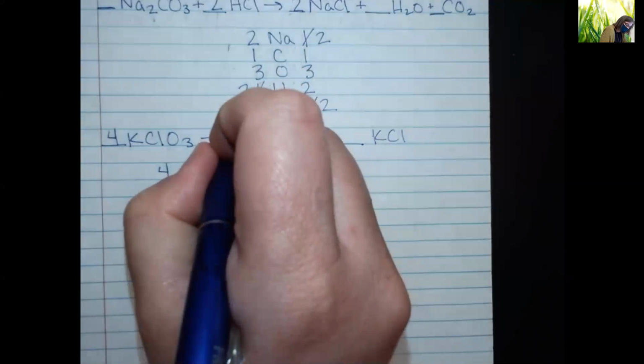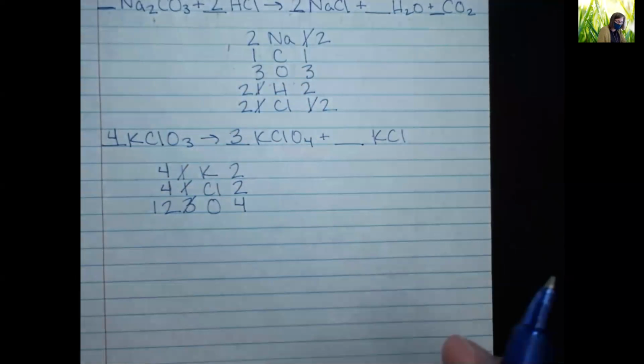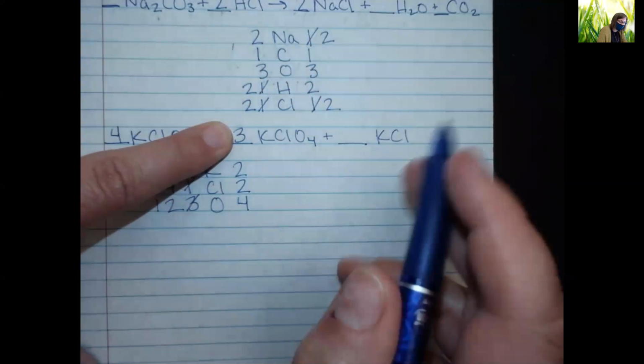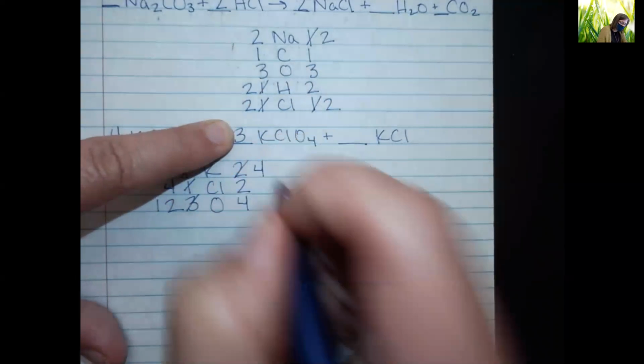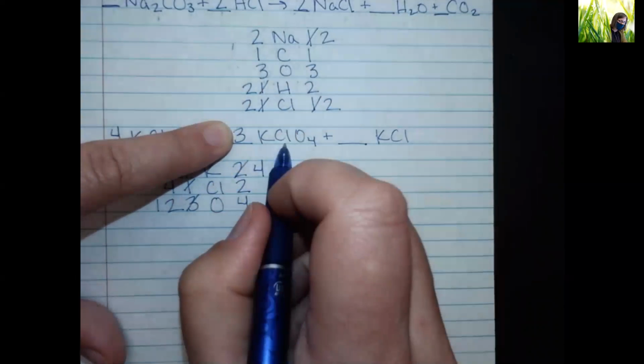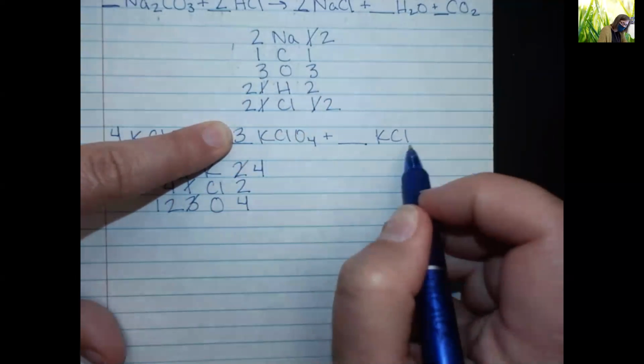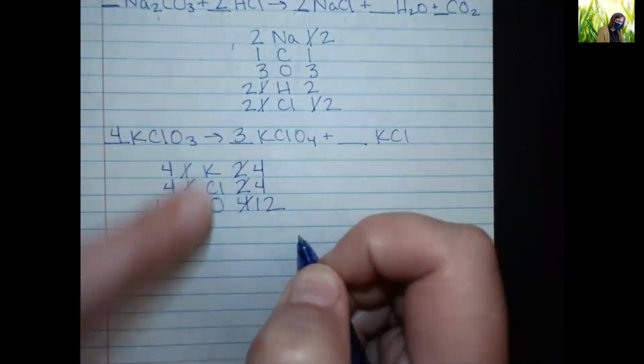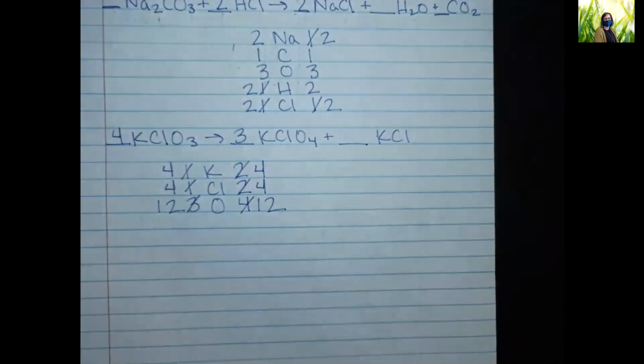A 3. So when you add it up, I've got 3 potassium here plus 1 over there. That's 4 potassiums. I've got 3 chlorines here plus 1 over here, 4 chlorines. And that gave me 12 oxygens. So we're balanced.